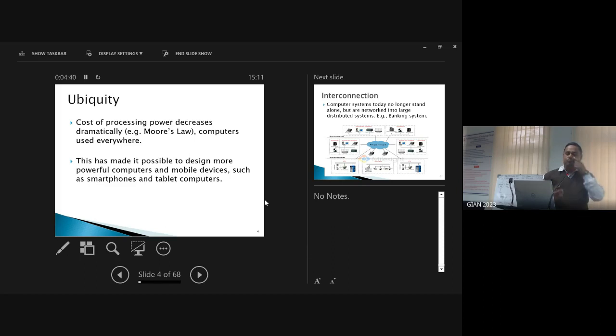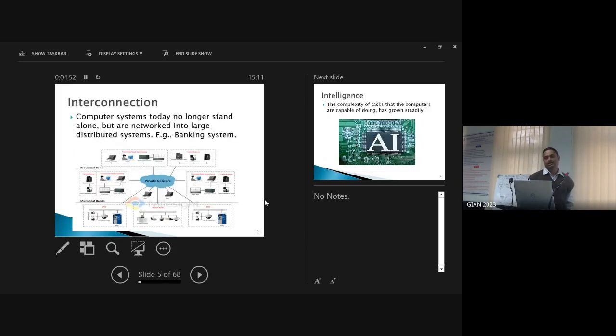So the cost of processing power decreased enormously, and that leads to the availability of computer systems everywhere. So that is ubiquity. The second is interconnection. Today, if you are given a laptop or desktop free of cost, on the condition that it cannot be connected to the internet nor Wi-Fi, I have doubt whether people will carry it home, because it will simply be like a dumper, nothing else.